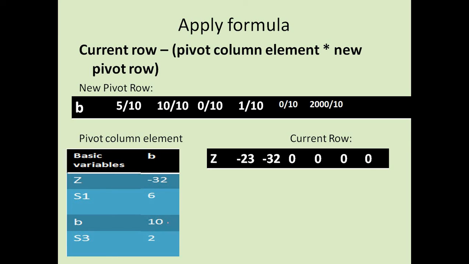Which column does the pivot element lie in? And your current row is what you're going to find for. If you're using this for the Z row, then this is your value. If you're going to find the values of the S1 row, this would be your current row, and for S3 the corresponding current row values would be replaced.